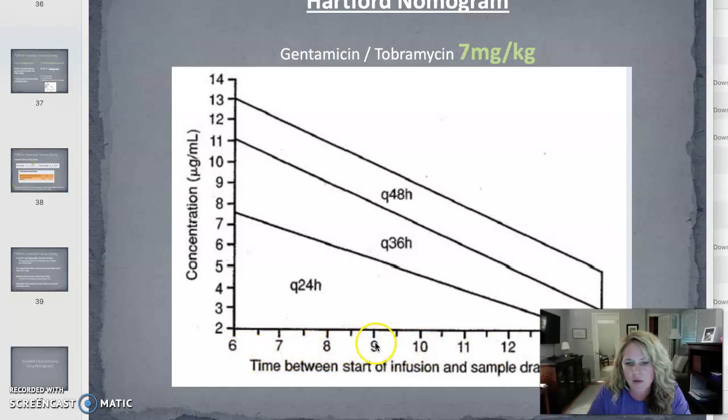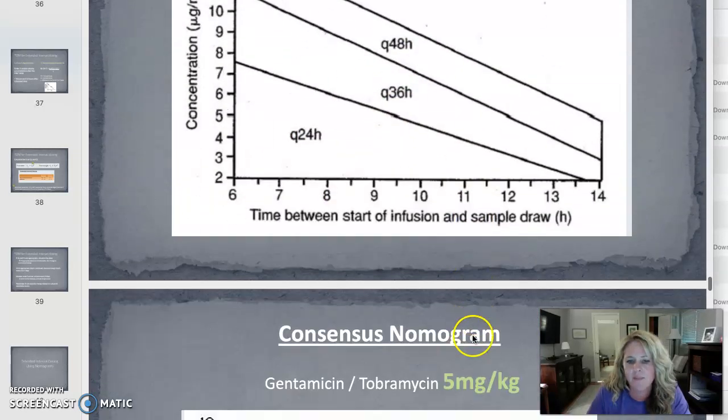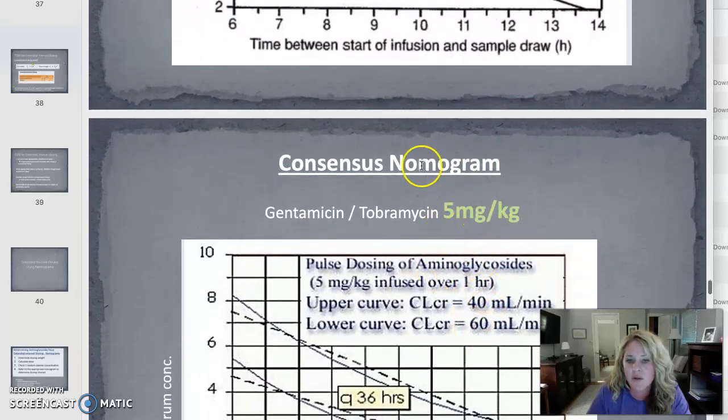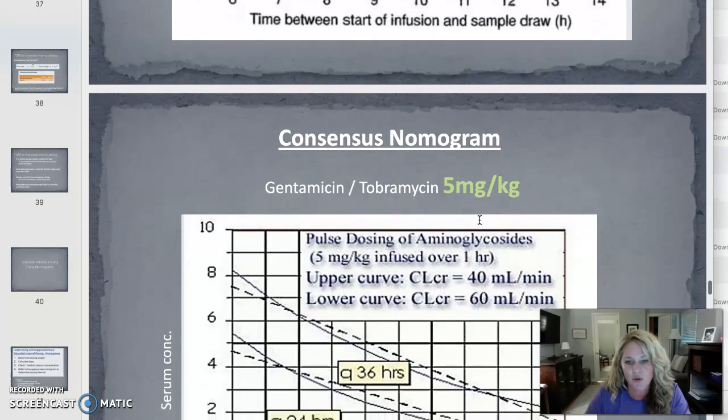So at 9 hours, we'll draw a random level, or it could be 10, and we're going to plot whatever that random level is, and it's going to tell us whether we're using Q24, Q36, or Q48. If it's a lower dose that we're using, we're going to use the consensus nomogram, and it's 5 milligrams per kilogram. These are nomogram specific doses, so you have to make sure you know which one you're using.